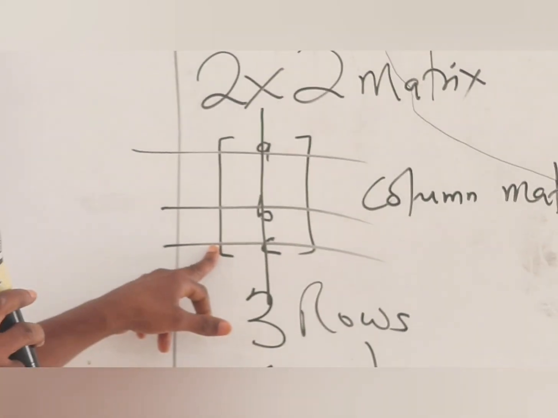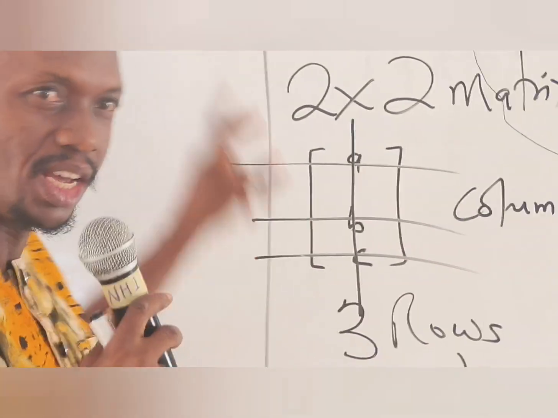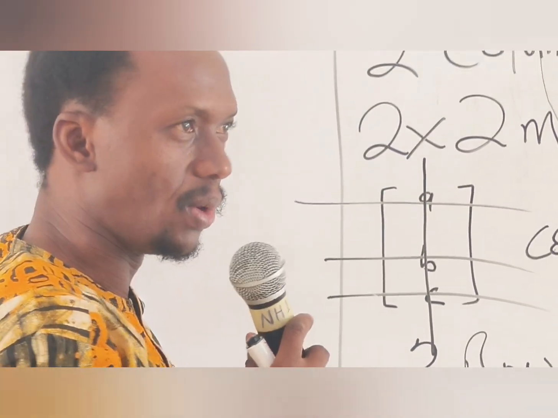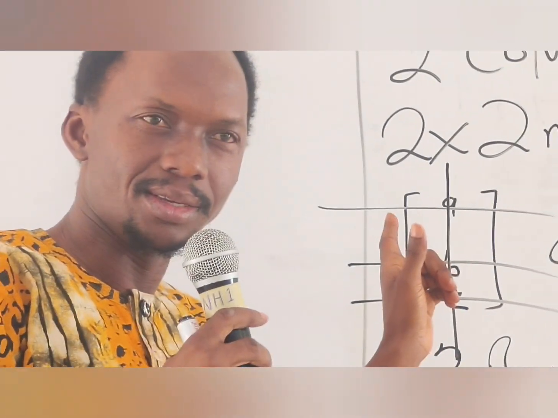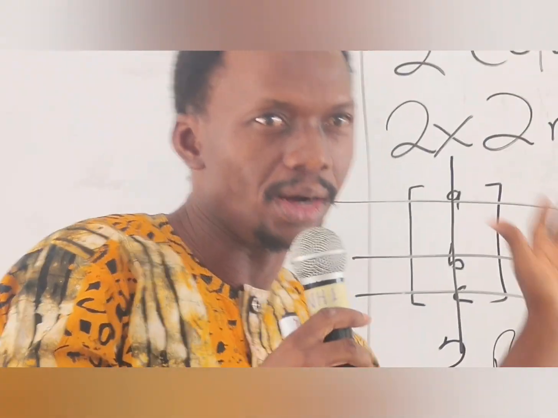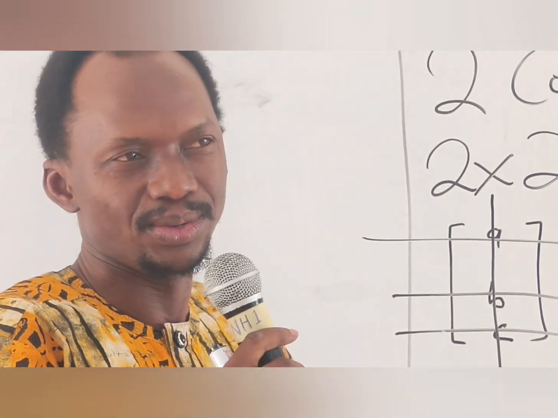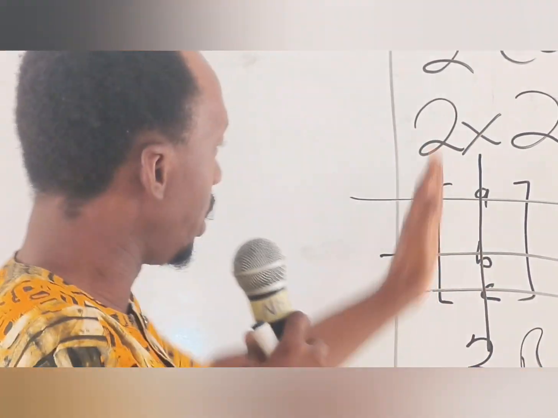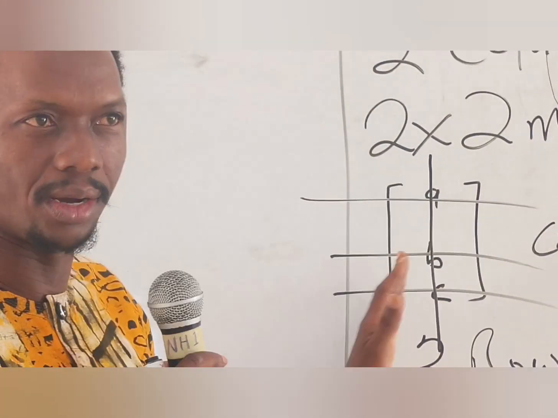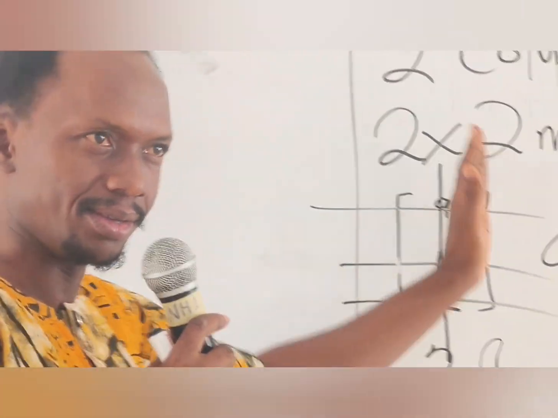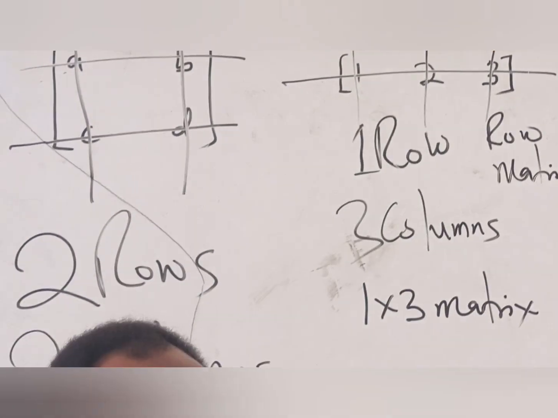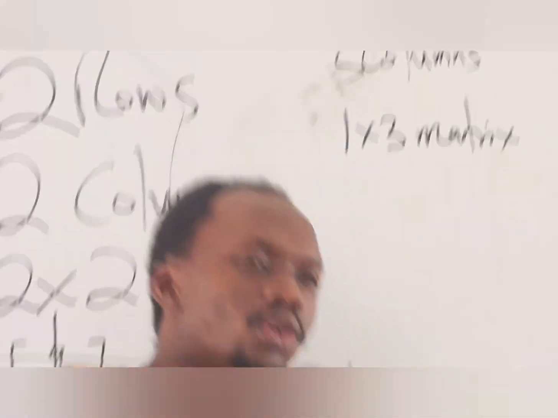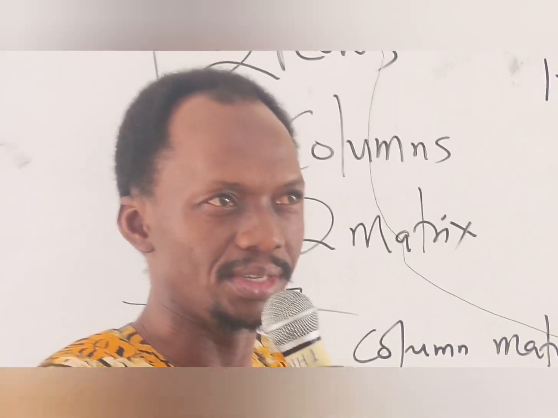When we were defining matrices, we said an array of scalars in either square form or rectangular. When it is not a square, it is a rectangular. What of this one? Is it a square matrix? No, the number of rows is not equal to the number of columns.